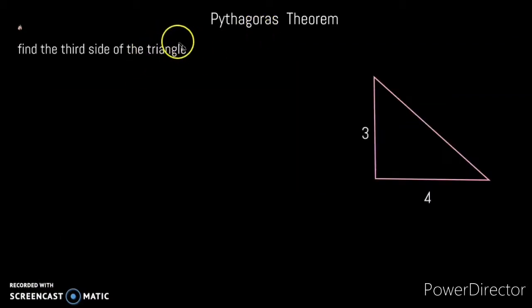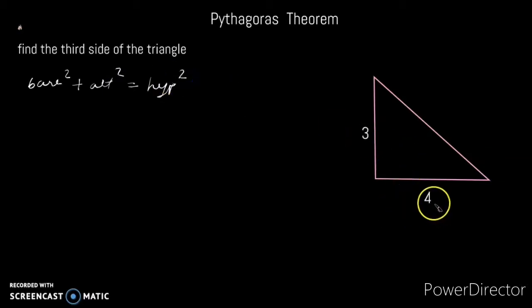Find the third side of the triangle. We have been given a right-angled triangle with two sides, and we've been asked to find the third side. Since this is a right-angled triangle, we can use the Pythagoras theorem, which says base squared plus altitude squared is equal to hypotenuse squared.